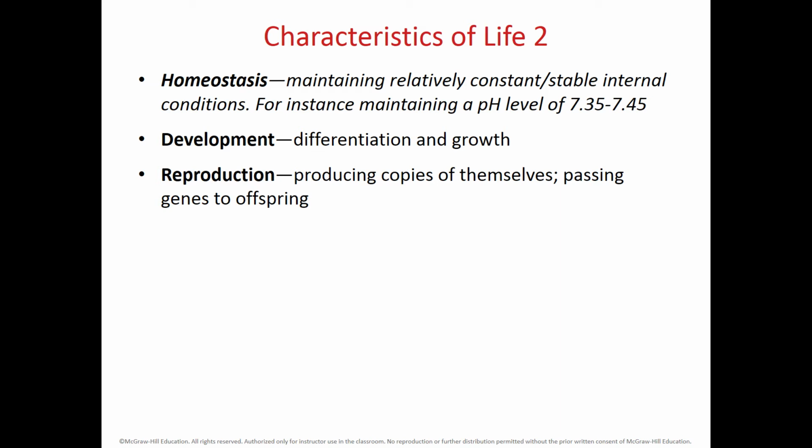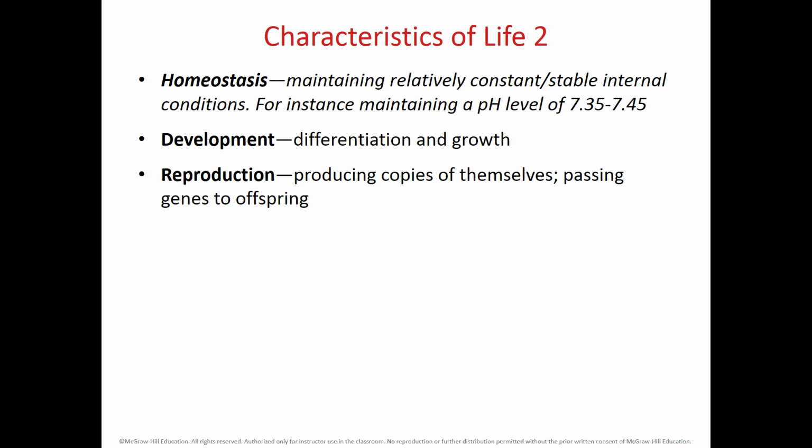A very important part of a living organism is that it is capable of maintaining a relatively constant or stable internal environment or conditions. This is known as homeostasis. And this is another key point that you need to know and memorize.